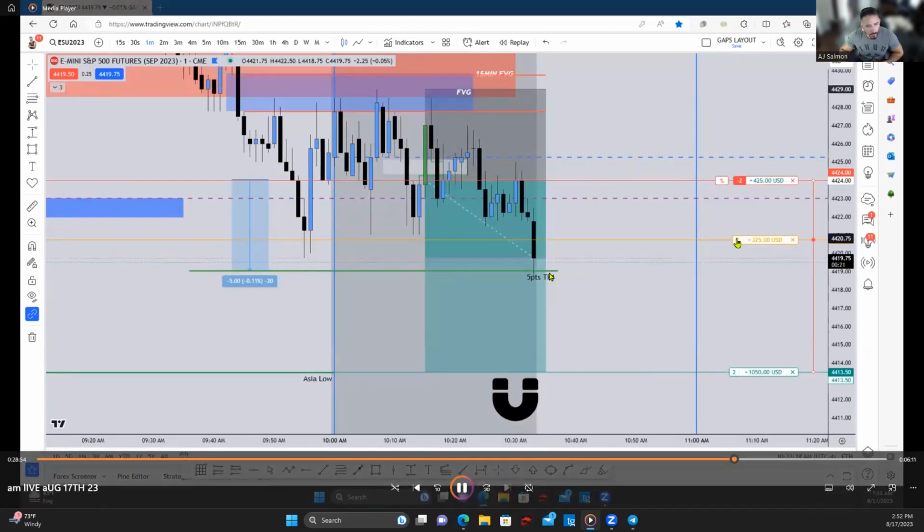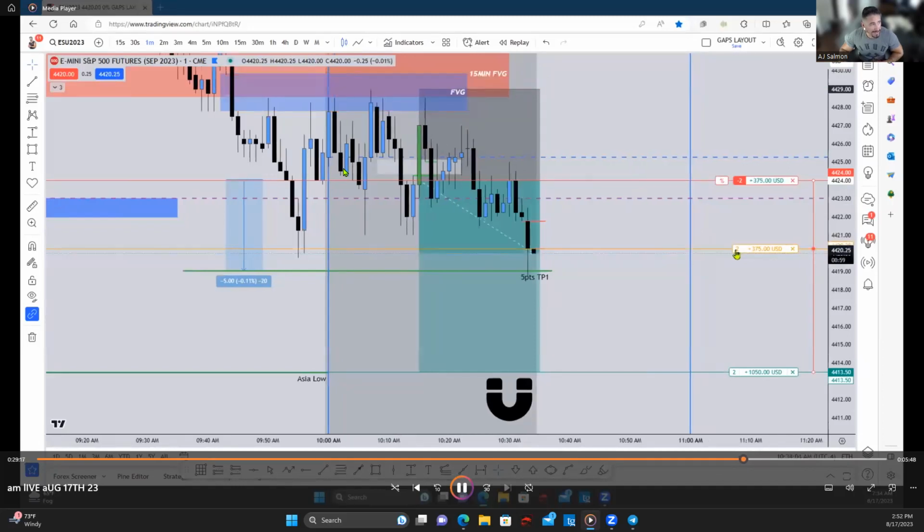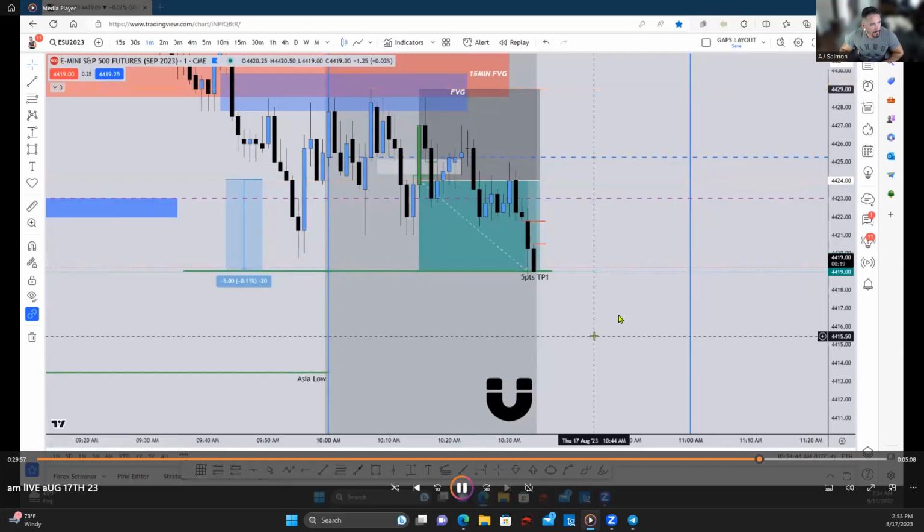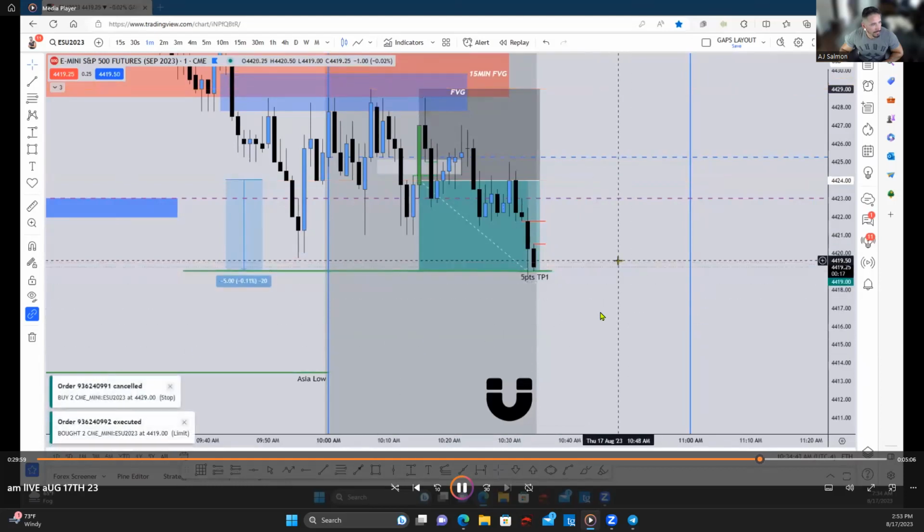Take profit 1 for 5 points is right there. I believe I ended up moving my take profit up to the 5 just to secure the profits and be done for the day. This was post FOMC, so the markets were very choppy in here, but our draw on liquidity was lower. Okay, so I moved my stops to here, 5 points for 500. Boom, there we go. Right there. Take our 5 and go.